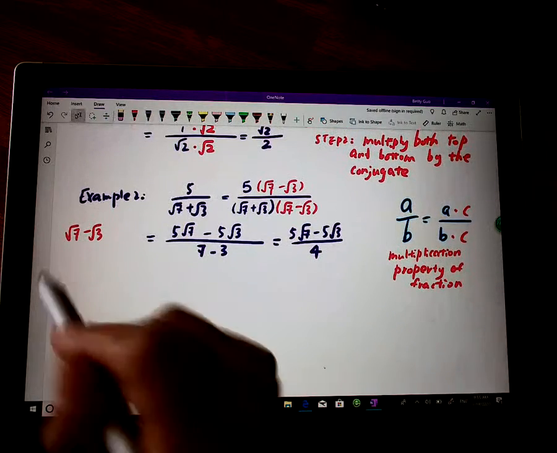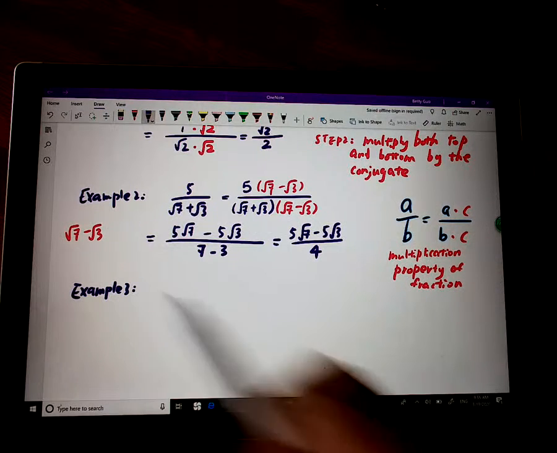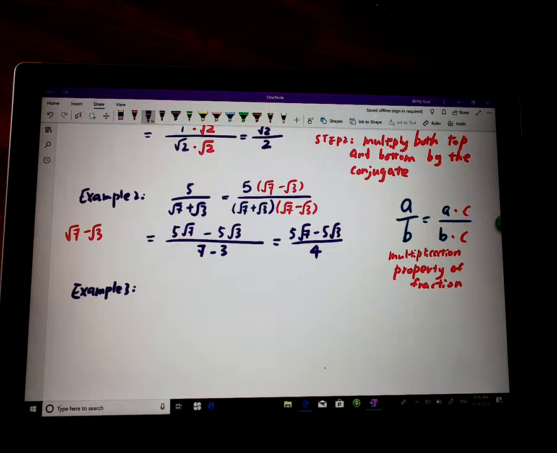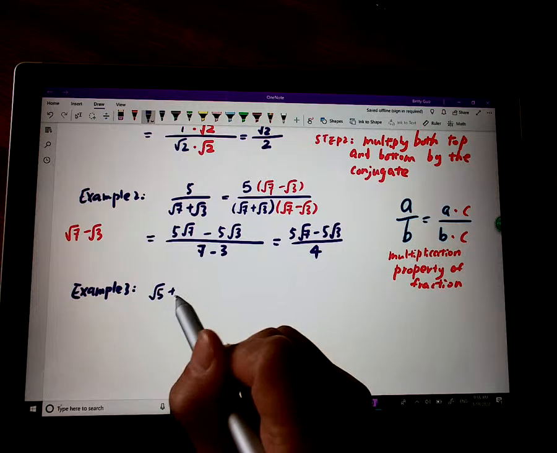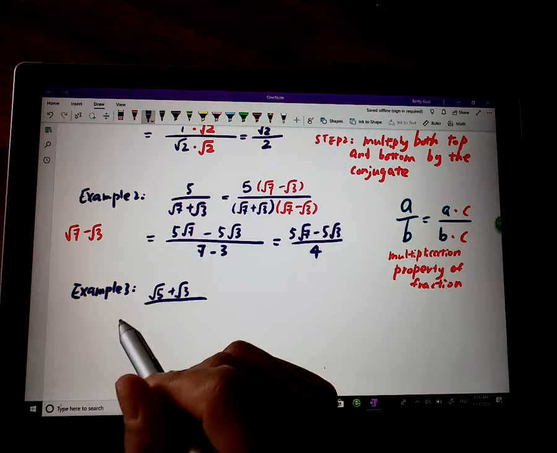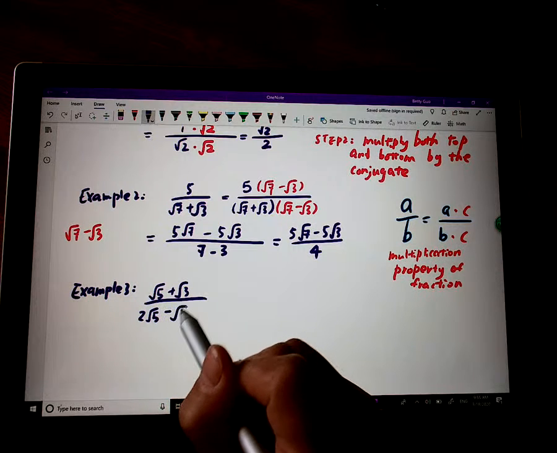One more, example 3. This example you can also find in our notes. We have root 5 plus root 3 all over 2 root 5 minus root 3.